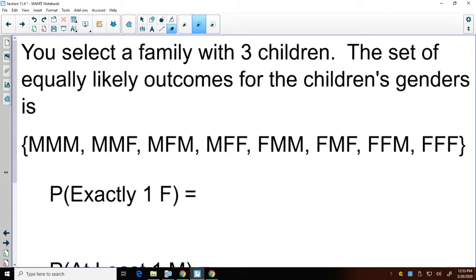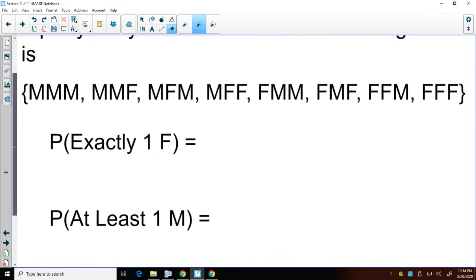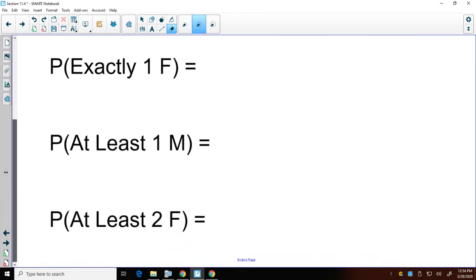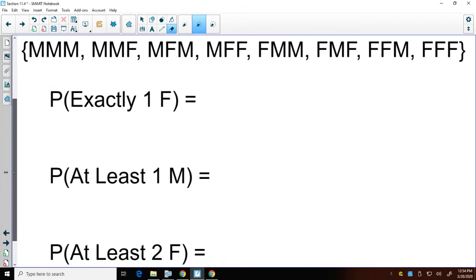All right, so down below here, now that you know what you got, we've got that set up there. And I've got 3 probabilities that I want you to figure out for me. What's the probability of picking one family that has exactly 1 female? Okay, so that's what that means.